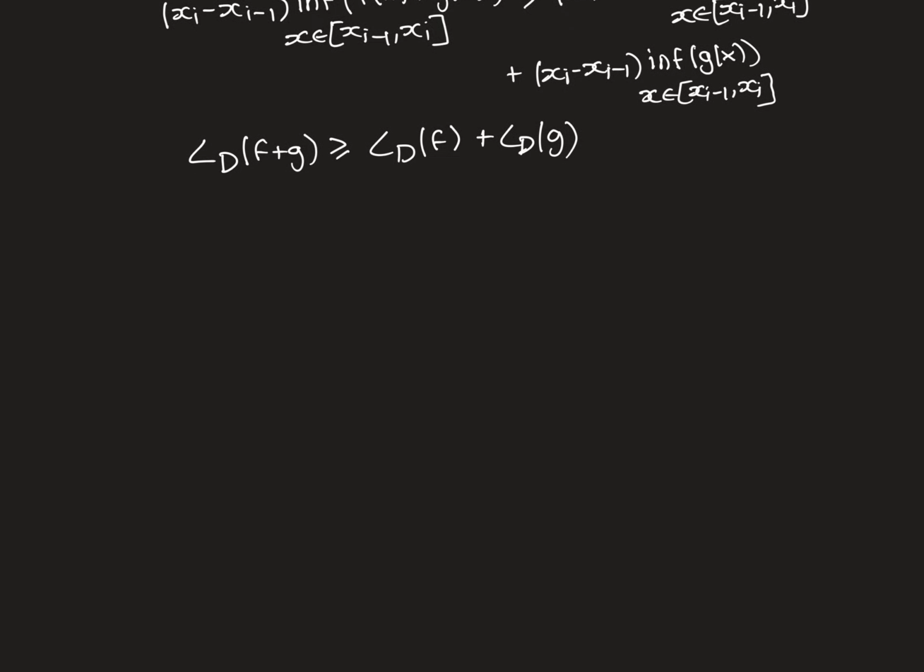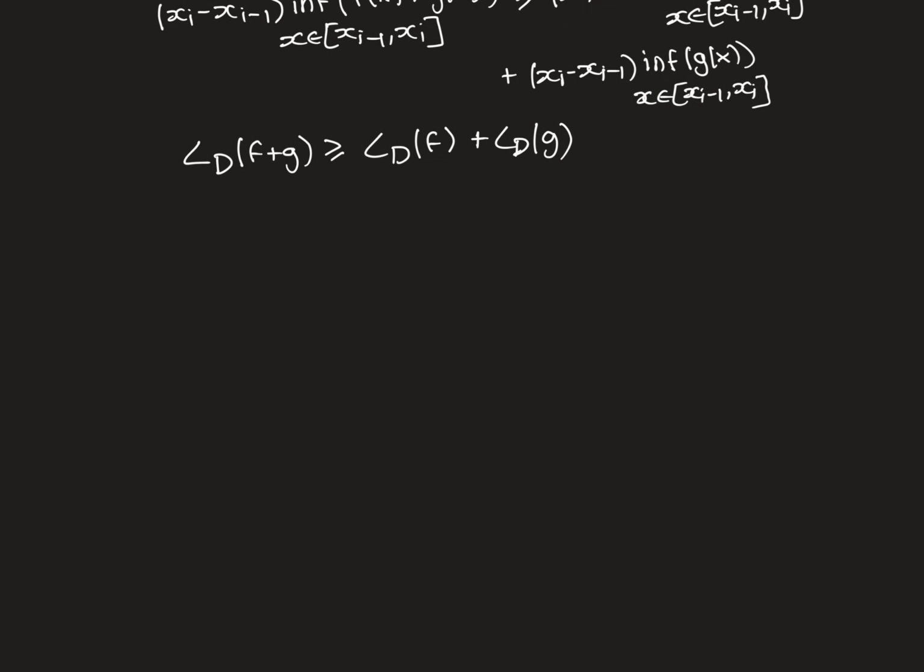So now what I want to do is combine this inequality with the one that I got for the upper Riemann sum to make a huge inequality, a 4-part inequality. So right on this side we've got the lower Riemann sum of f plus the lower Riemann sum of g.